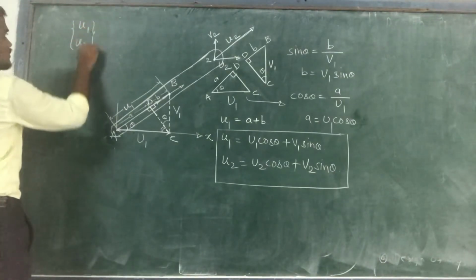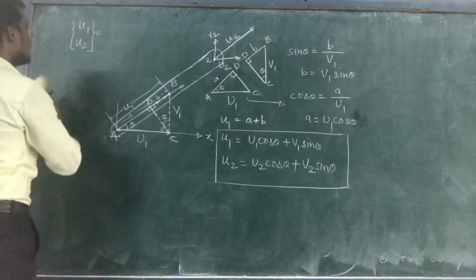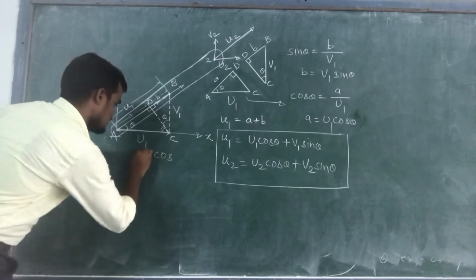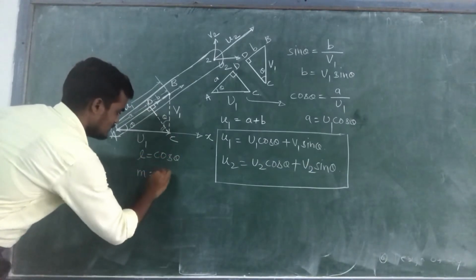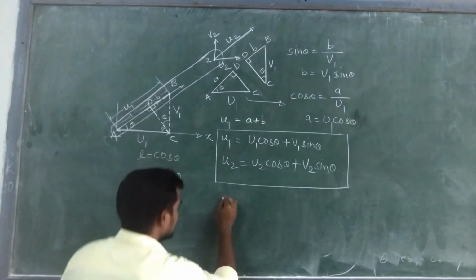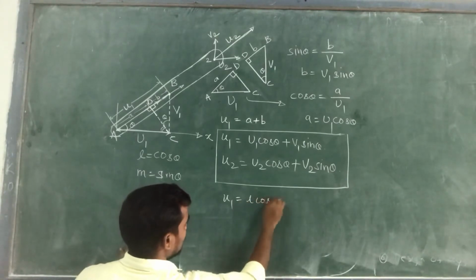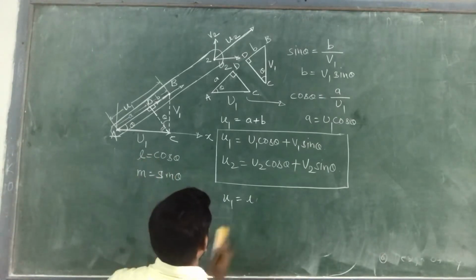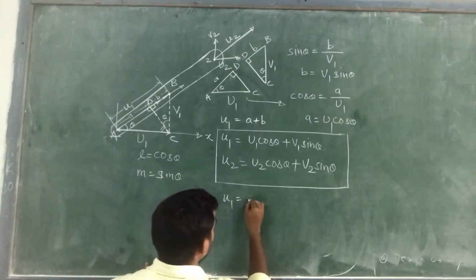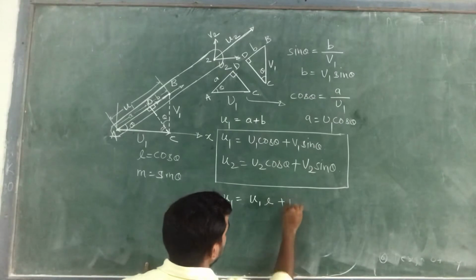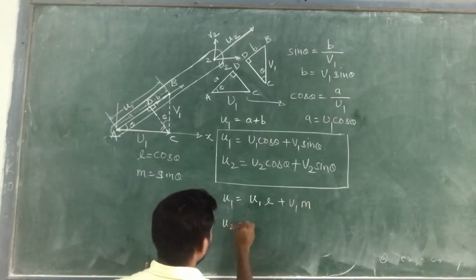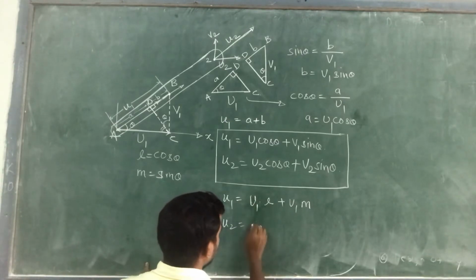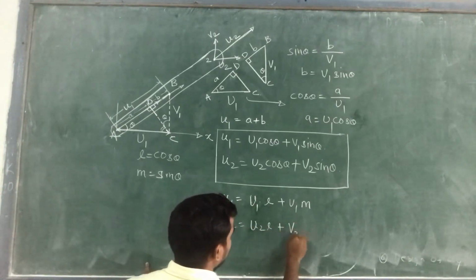Suppose cos theta is L and sin theta is M. Then u1 is equal to u1 cos theta plus v1 sin theta; replace cos theta by L and sin theta by M. So this will become u1 into L plus v1 into M. Similarly, u2 will become capital U2 into L plus V2 into M.